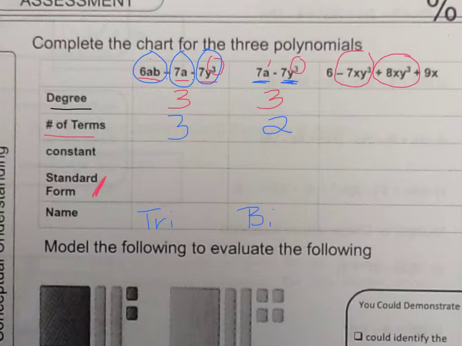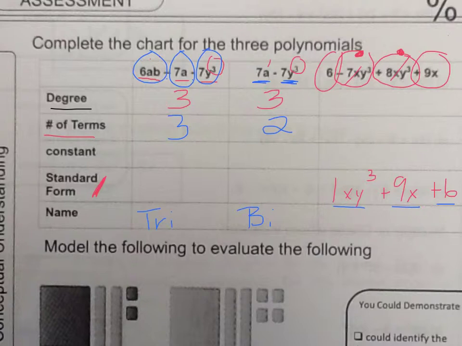Add these together, I get negative 7 added to positive 8. I'm left with a 1xy cubed. Those are gone. I then deal with the x's, plus 9x, and then I deal with it plus 6. This has 3 terms, so it's a trinomial.